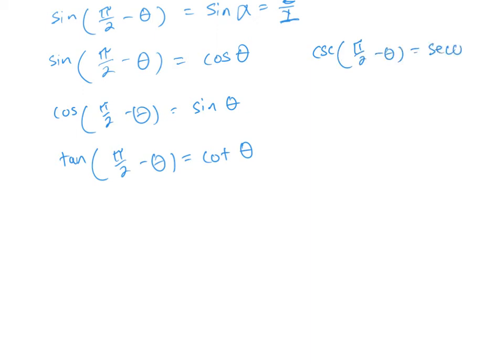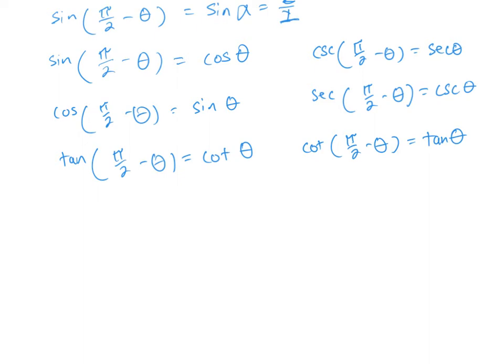So secant of pi over 2 minus theta is cosecant of theta. And likewise, cotangent of pi over 2 minus theta is our tangent of theta. And so that's how we get our cofunction trig identities.